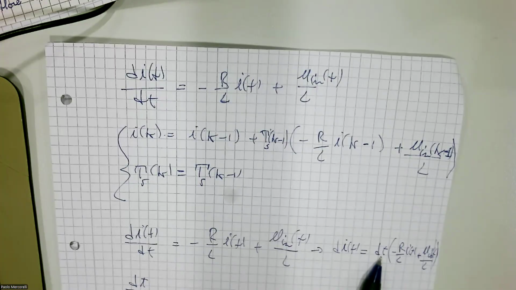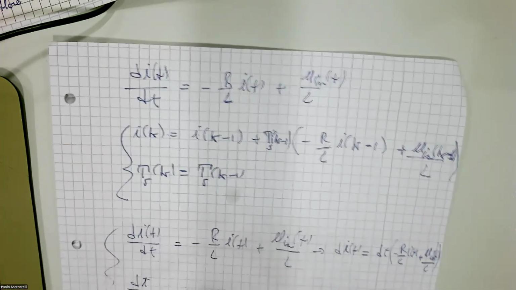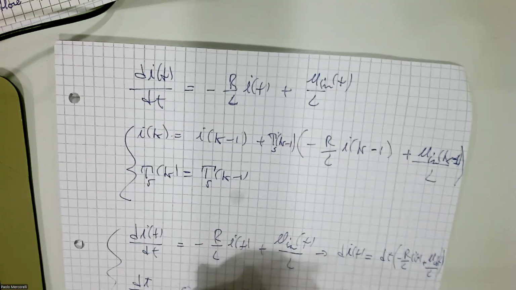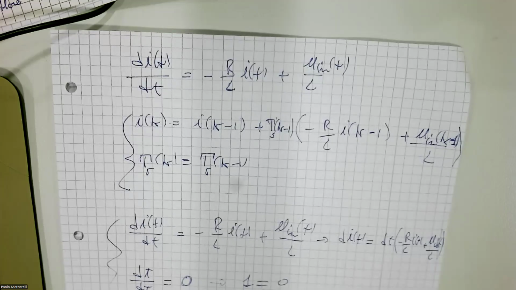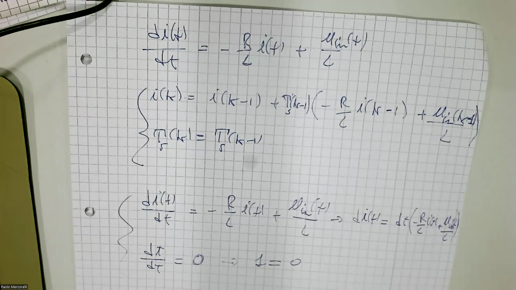But if I augment in continuous, we have something like that. But this means 1 equals 0, which deterministically is something difficult to justify.